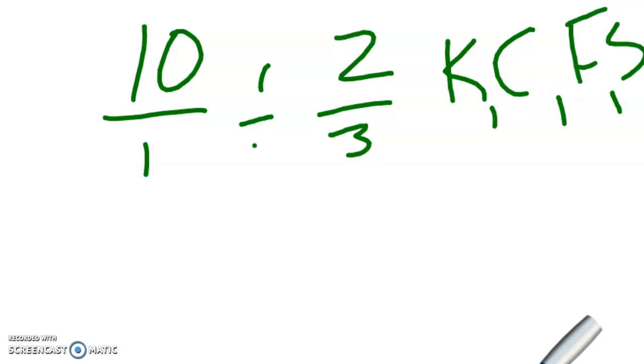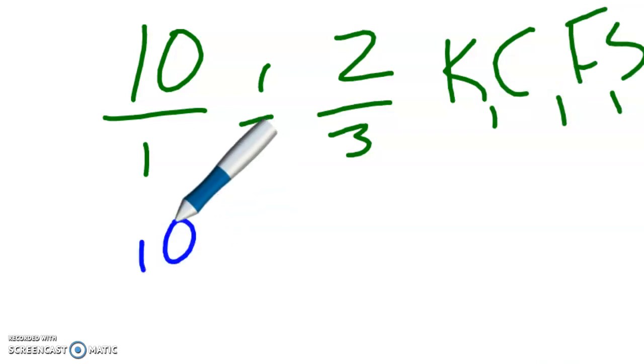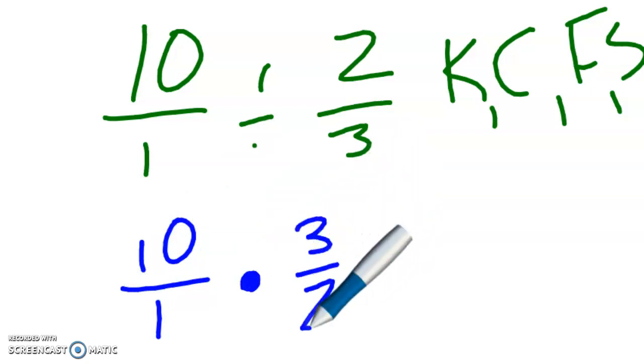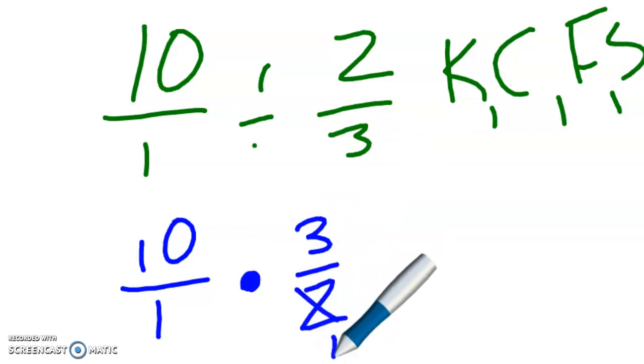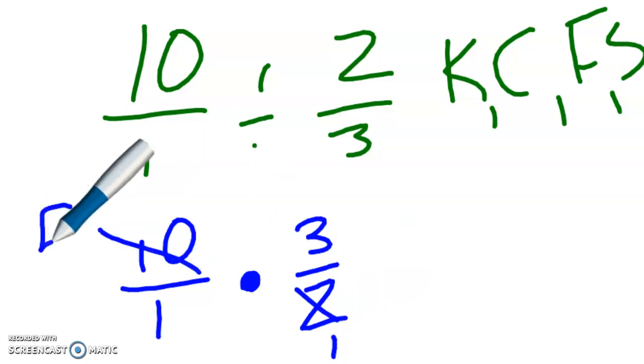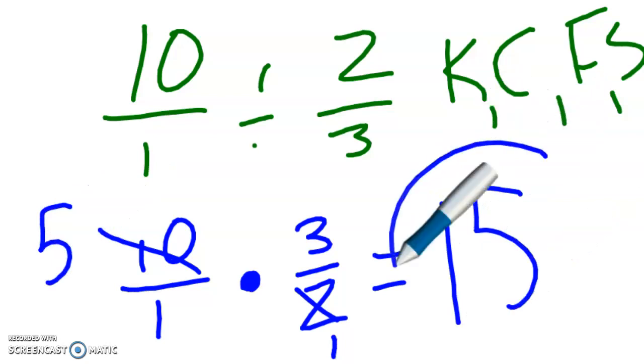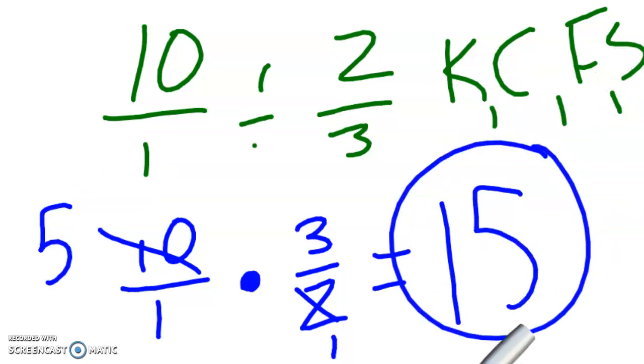So we have our 10 over 1, which we keep. We change this to a multiplication problem, and we change this to 3 over 2. When we do this, we want to simplify, and we make our 2 into a 1 and our 10 into a 5, and we have 5 times 3, and it's going to give us 15. So we have 15 total batches that we can make out of those 10 cups.